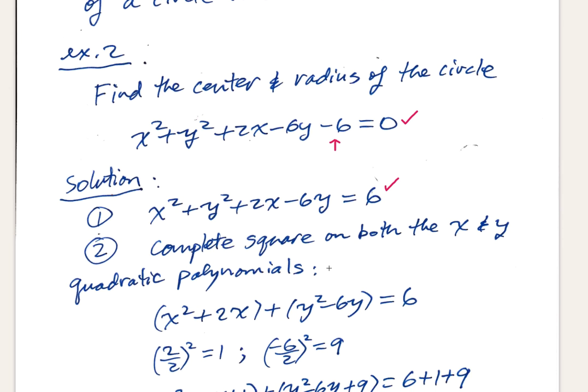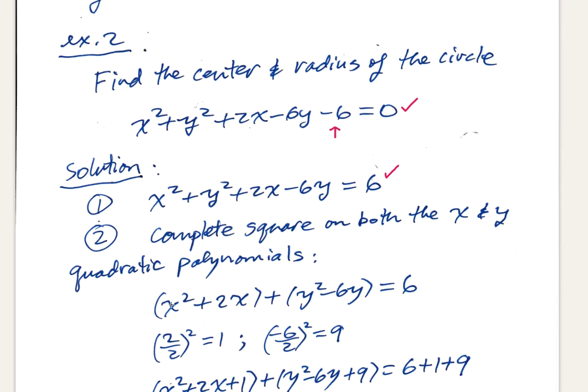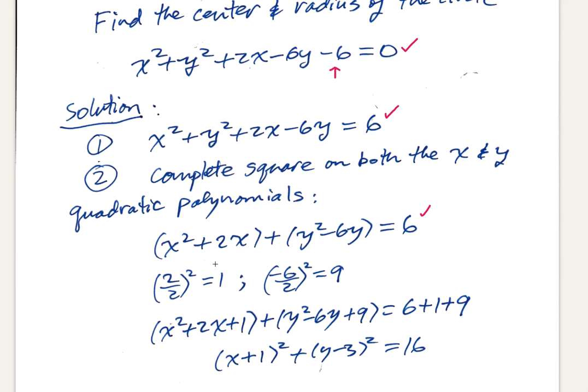For convenience, what I did here was gather the x terms together. So I've really got (x^2 + 2x), and I use parentheses there. Then I've got (y^2 - 6y), and then the 6 on the other side. Now complete the square on each of those polynomials. Those are quadratic polynomials, right?